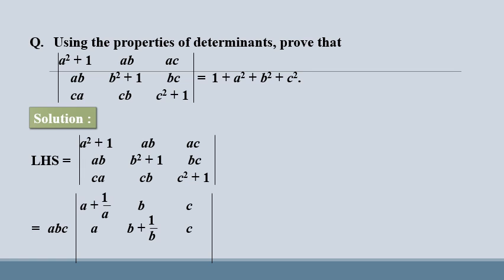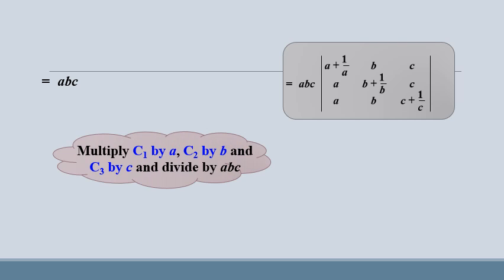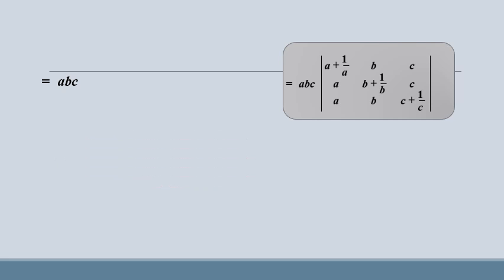Next, in the second row we are taking out b common, and in the third row we are taking out c common. So next we get abc. We will multiply C1 with a, C2 with b and C3 by c. Since we are multiplying, to cancel off the terms we divide by abc.